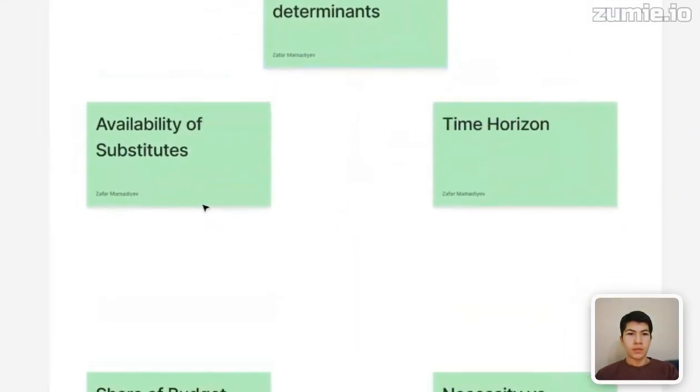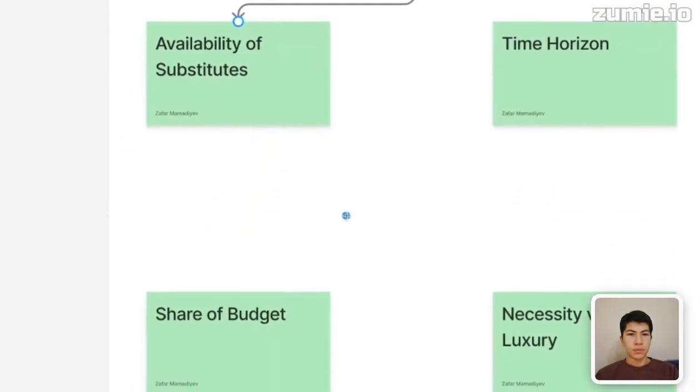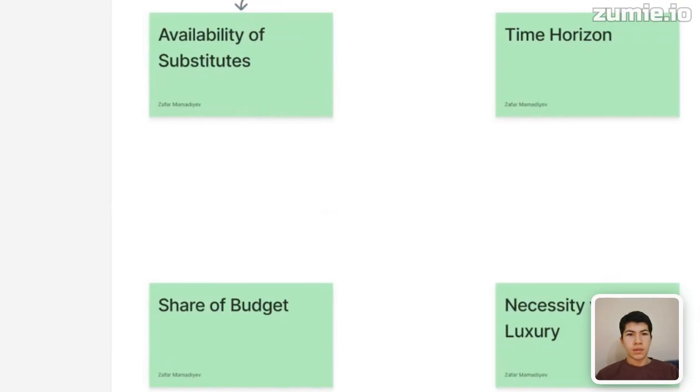What we have here are four things that affect whether demand is elastic or not, and they are, first, availability of substitutes. When there are so many things in your category, like your competitors, like when there are too many coffee shops and you are the only one who changed its prices, it makes your product elastic.